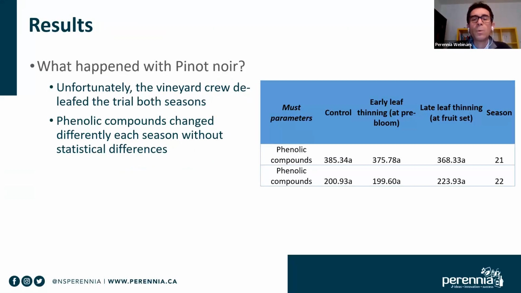Before I continue, what else did we do? We were measuring and timing how long it took for each person to leaf each panel. Just to give you an idea, the vineyard spacing was 4.5 by 9 feet, or 1.37 meters by 2.7 meters, and each panel had 4 plants.